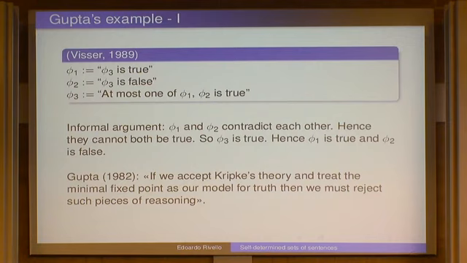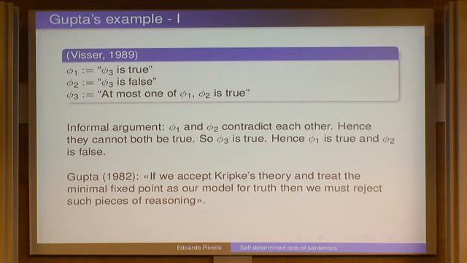For instance, I displayed an example due to Gupta, but in the simplified version of Visser. There are just three sentences, and the following informal argument allows us to assign the right truth value to each sentence.